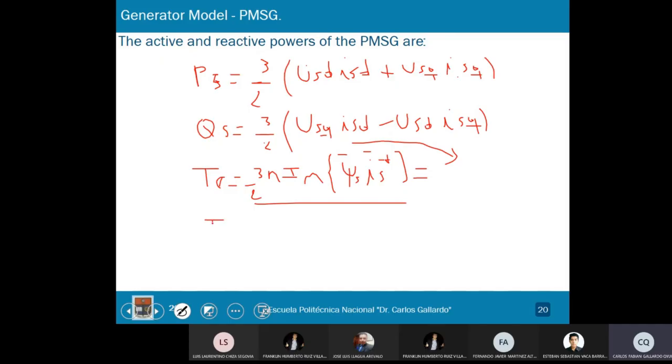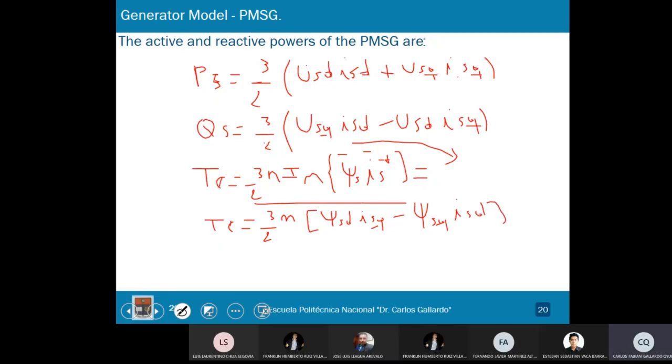So the electromagnetic torque is equal to 3 over 2 times the number of poles times the stator flux on the D axis times the stator current on the Q axis, minus the stator flux on the Q axis times the stator current on the D axis.